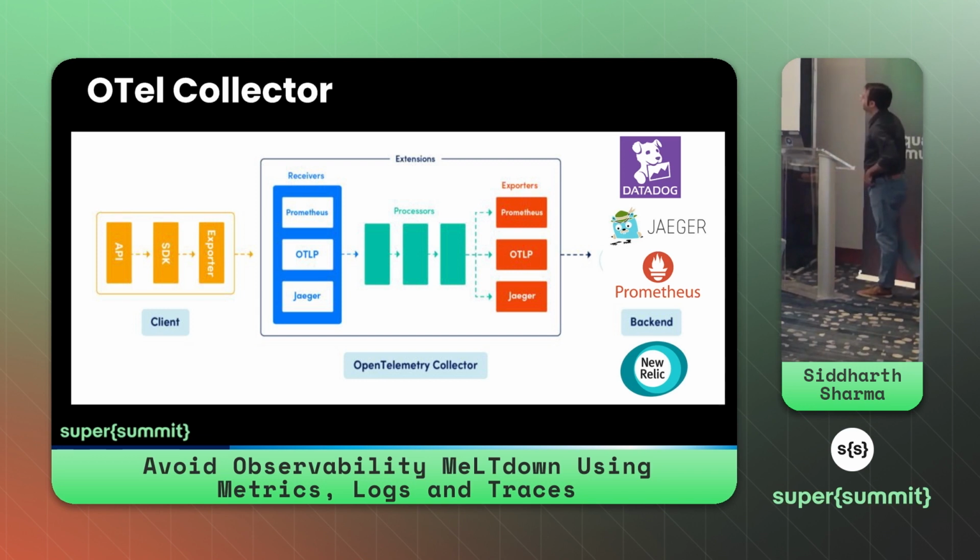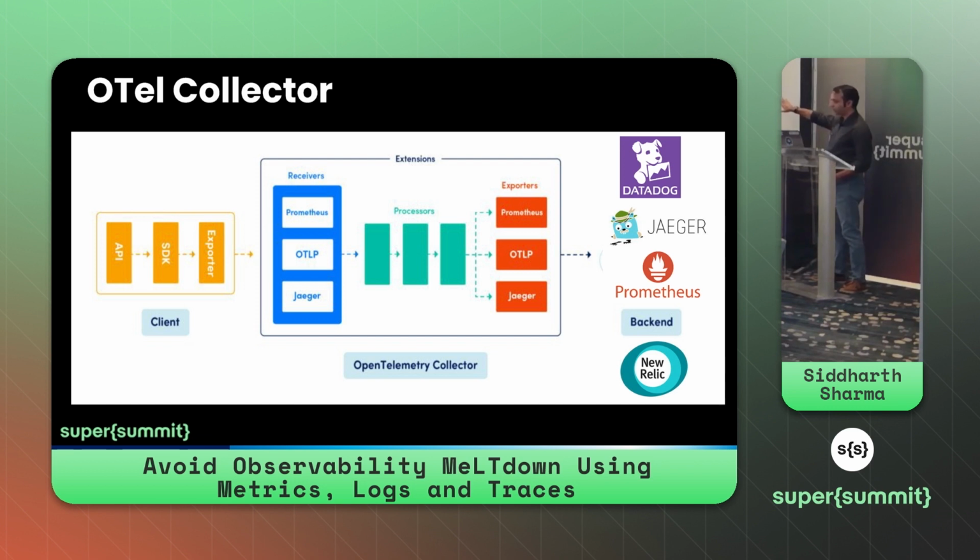So how does OpenTelemetry work? This is just a 100,000 foot view of OpenTelemetry. On the left side, you have client SDKs given by OpenTelemetry. There is a big open source community writing APIs, SDKs, and exporters for OpenTelemetry. This is all open source.